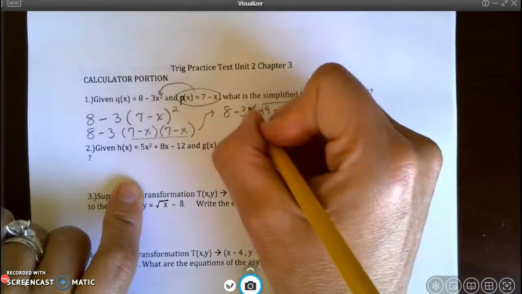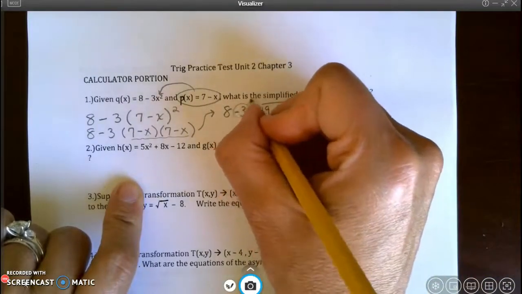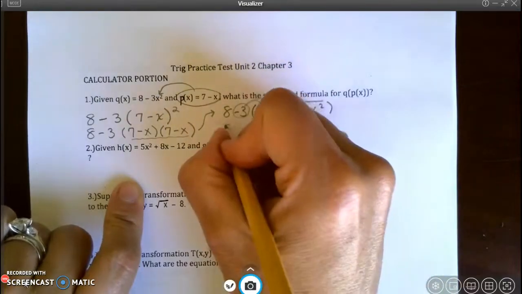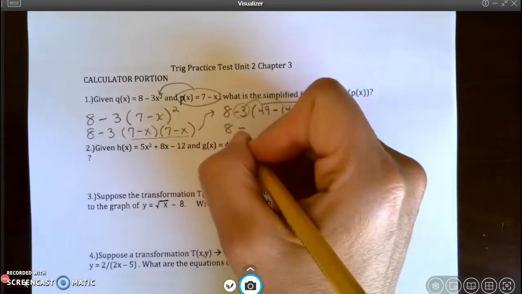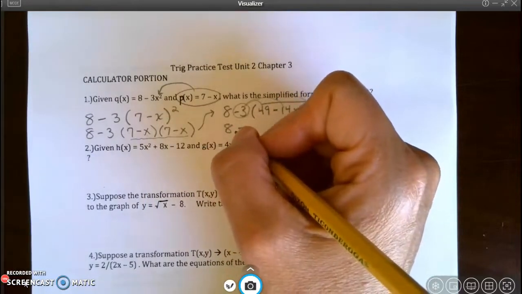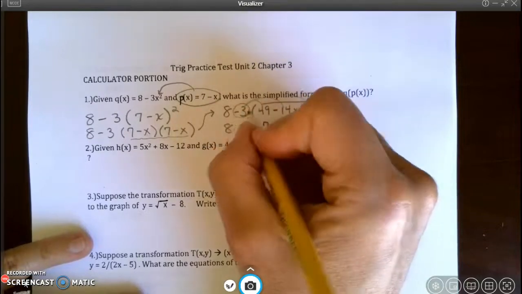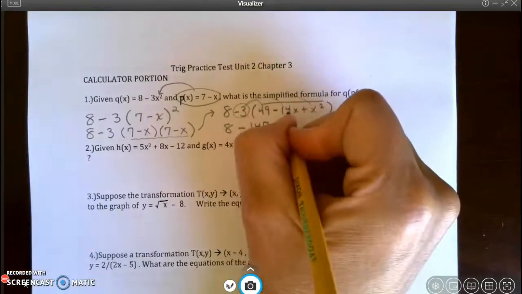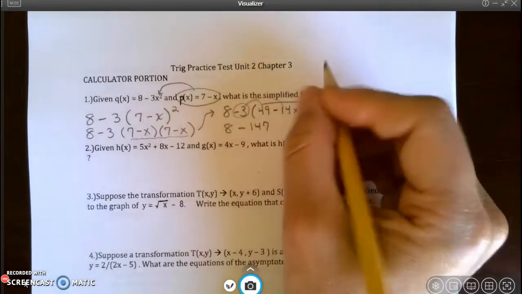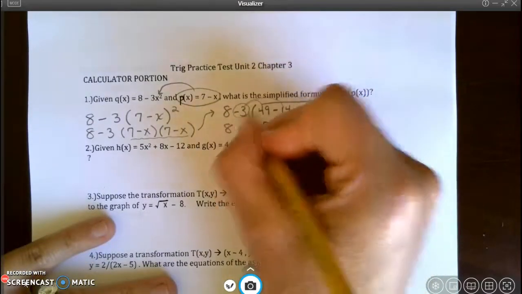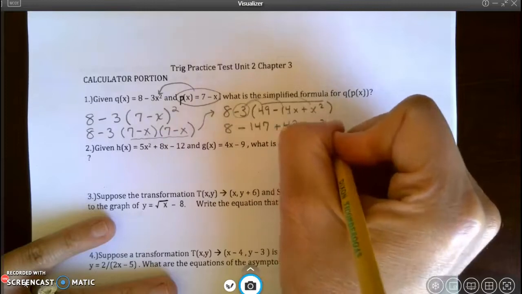Next, I'm going to distribute a -3 to each one of these, and I get 8 minus 3 times 49, which is 147. -3 times -14 gives me positive 42x, and then -3x squared.